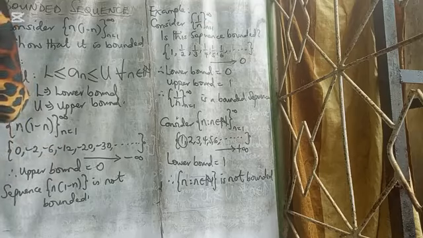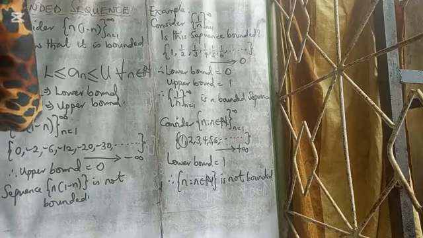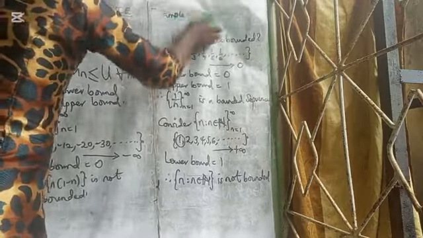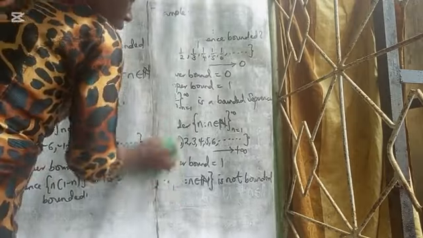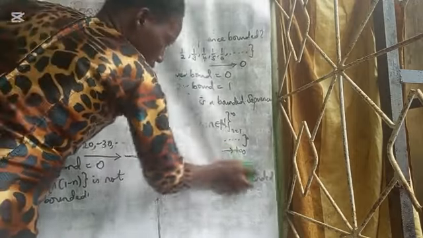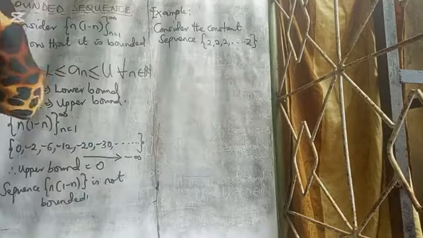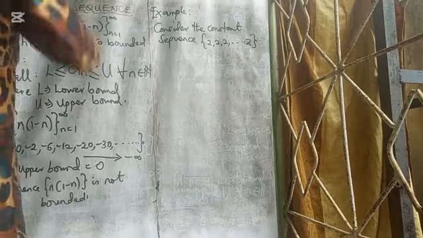We'll look at one more example, and that will be on a constant sequence. What can we say about a constant sequence? Is it bounded or not bounded? Consider the constant sequence 2, 2, 2 down to 2.